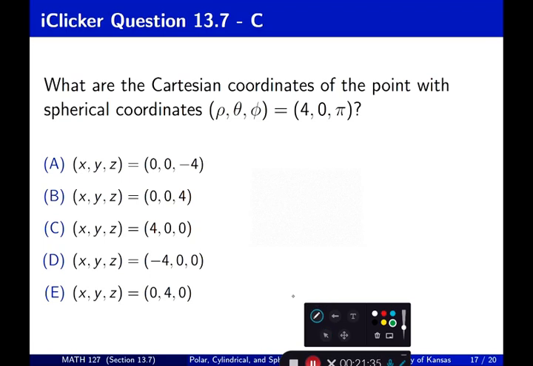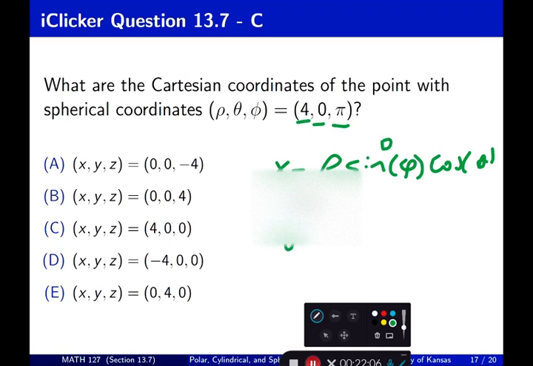So hopefully you found the values. Let's see, how do we go about this? What we need to find is x, y, and z, and rho, theta, and phi are given. Now let's find x. x is equal to rho sine phi cosine theta. By the way, sine phi is just 0, so x is equal to 0.